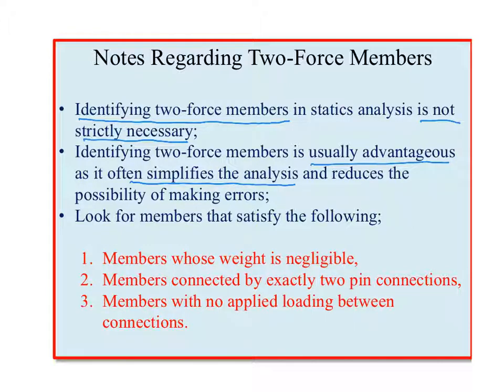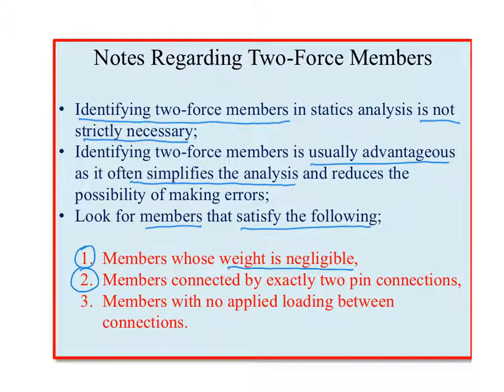So to identify two-force members in a structure, we look for individual members that satisfy the following. 1. Members whose weight is negligible compared to the applied loads. 2. We look for members that are connected by exactly two pin connections.